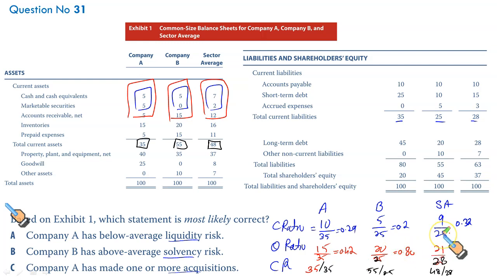And the sector average is 20 by 28, that's 0.75. The last one, current ratio, 35 by 35 is 1, given in black. 55 by 25, let me calculate, it's 2.2. And 48 by 28, it's 1.75.